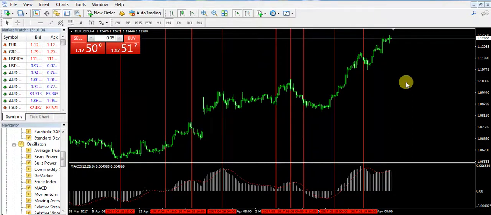MACD, moving average convergence divergence. You don't need to go into the technical details, because what is important to you is what you're looking at and how you need to apply it. Very, very important, guys. Please remember, I state this in every single lecture.